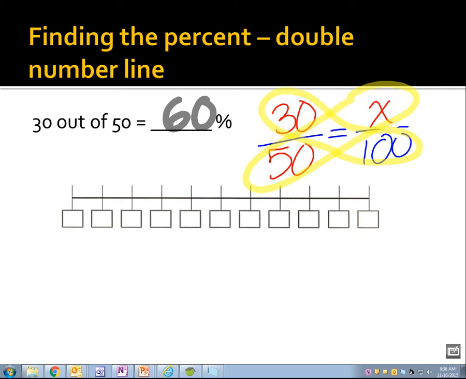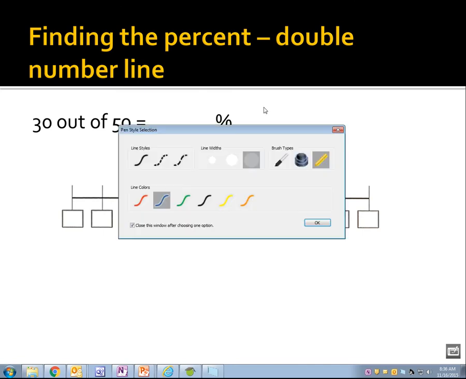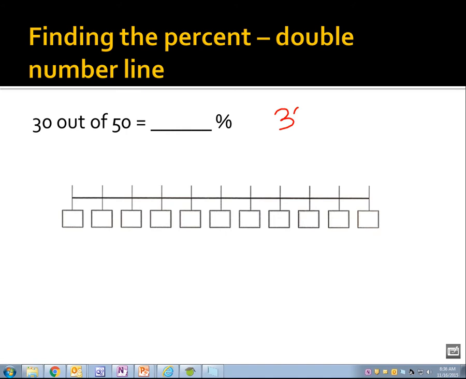What Kenzie was doing is she did 30 over 50, which is equal to 3/5, which is equal to 60 hundredths, and something over 100 is going to be a percentage. That's what Kenzie was doing in her head.